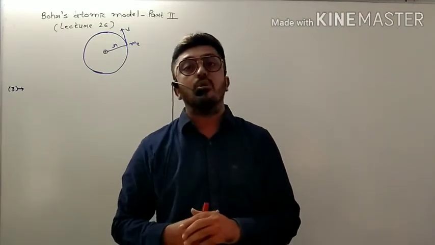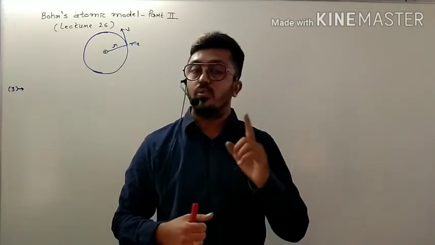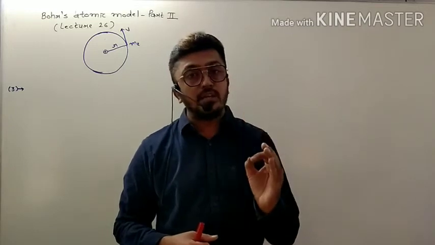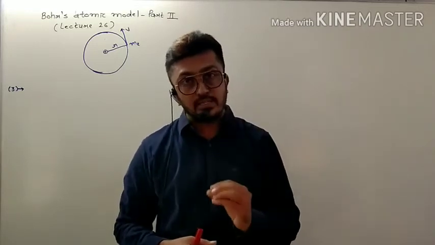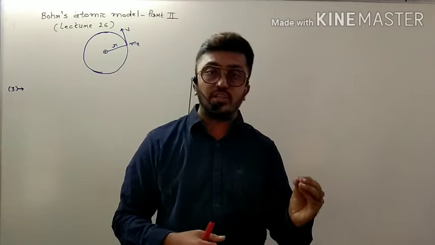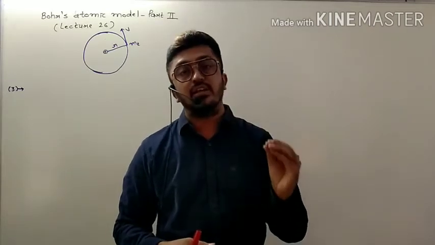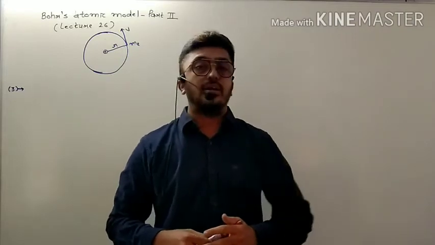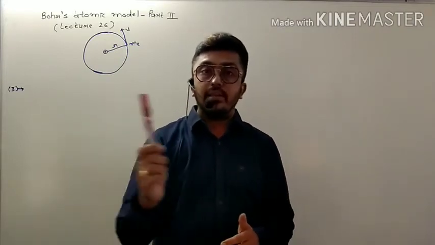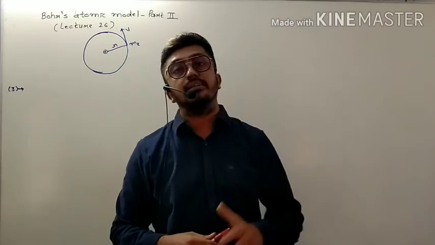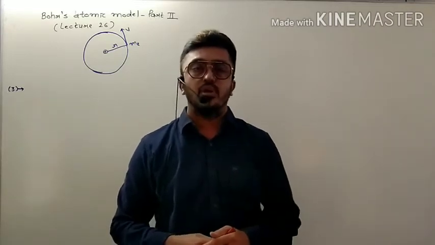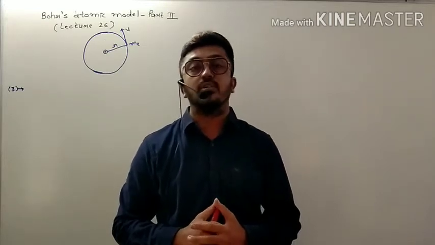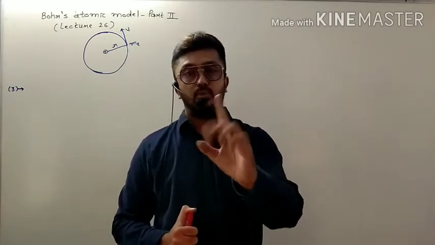We know that momentum p is equal to mv. Not only an electron, any particle that has mass and velocity has momentum. If any particle moves in linear motion, then it has linear momentum. But if any particle moves in a circular path, then it has angular momentum.